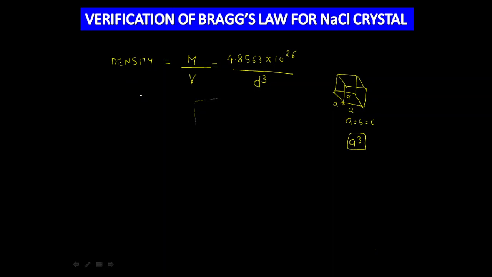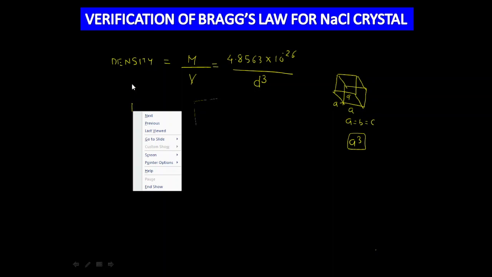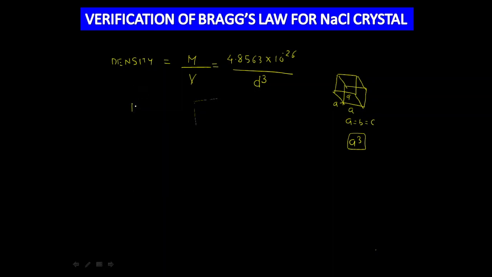So density will be... the standard density for NaCl. D is equal to the standard density of NaCl compound, which is 2.17, and we have to remember the standard density value for the NaCl compound.